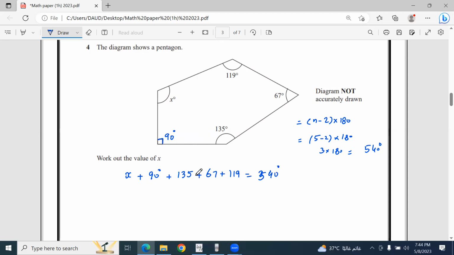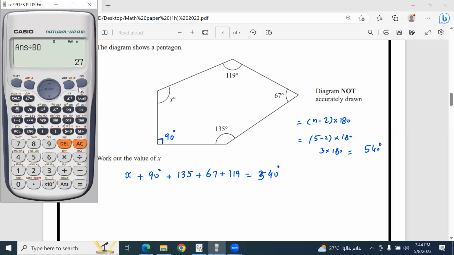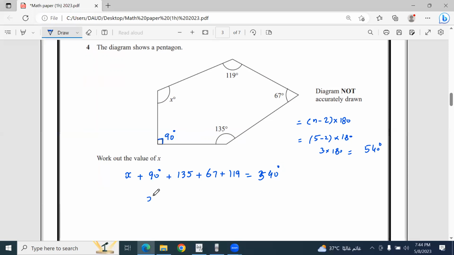We can check on the calculator. 90 plus 135 plus 67 plus 119 gives us 411. If you take 411 to the other side, it would be minus.